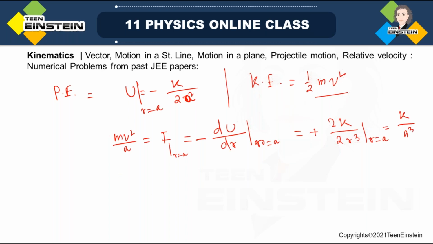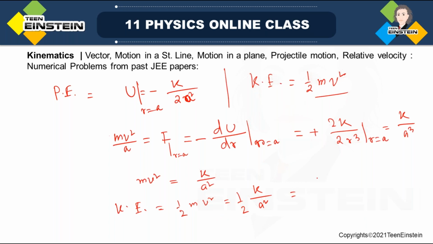Now from here we can find out m v square will be obtained as k by a square. Now kinetic energy is half m v square, so half m v square will be k by a square along with half here.